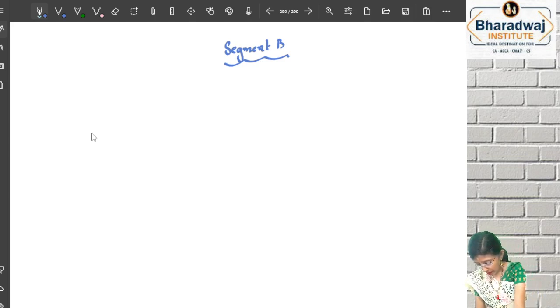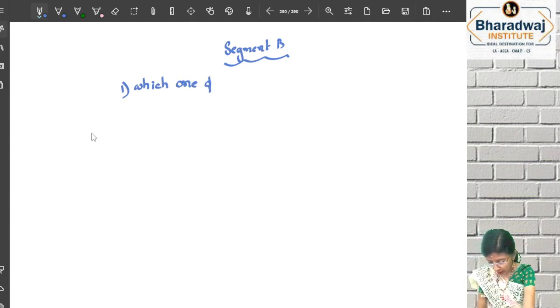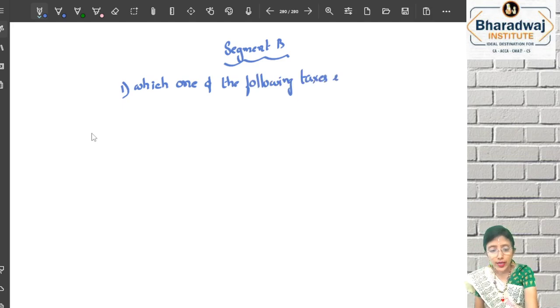First one. Which one of the following taxes is levied by the state government?